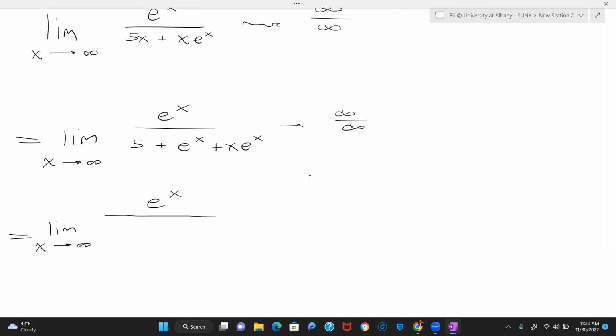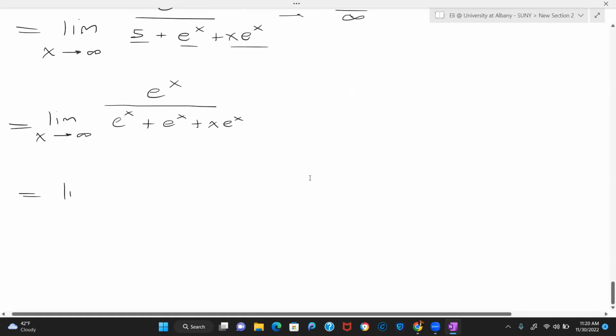So now we differentiate one more time. So we get e to the x. So this becomes 0. This becomes e to the x. And then we do product rule here, so we get e to the x plus x e to the x. At this point, we can actually evaluate the limits after we simplify a little bit.